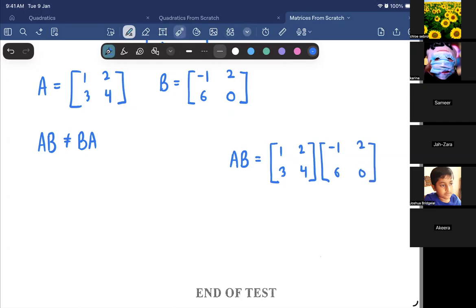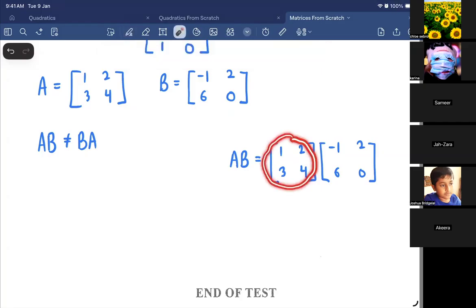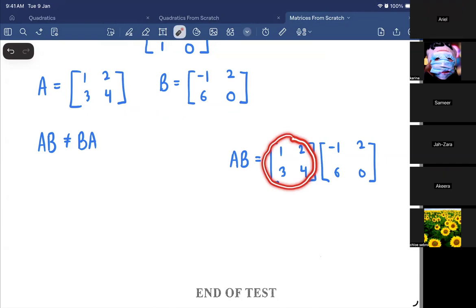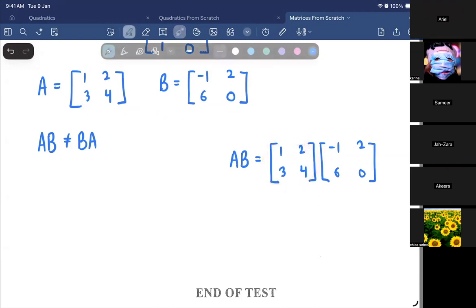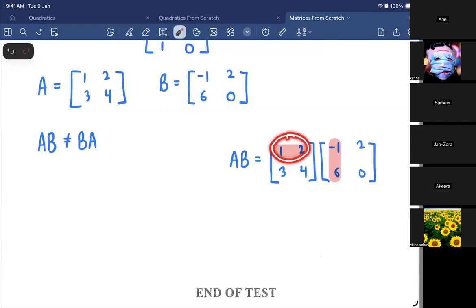Great. So, Joshua, I want you to look at this matrix. What is the first row you're seeing? 1, 2. That is the first row. What is the first column in the other matrix? Negative 1, 6. What is the first element here? 1.